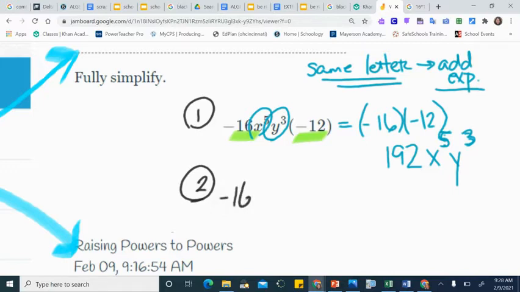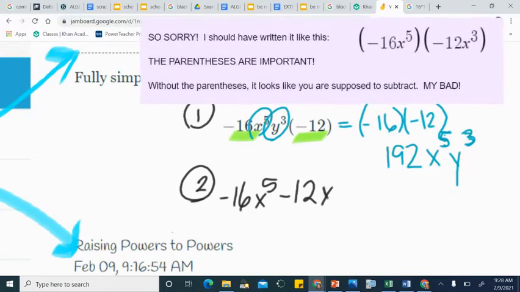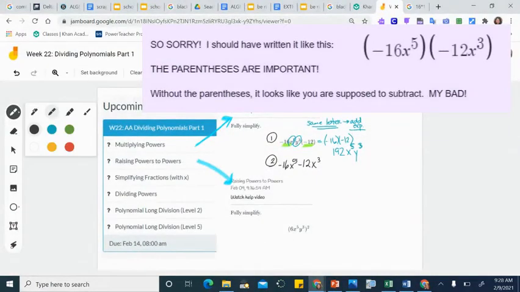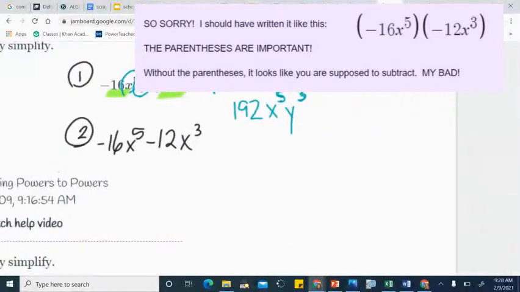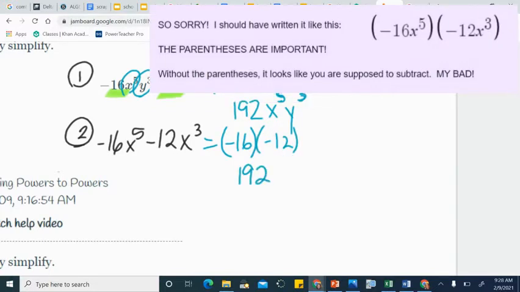If we had negative 16 x to the fifth times, I don't know, negative 12 x to the third. Now, the negative 16 and negative 12 is still the same, right? So we still have negative 16 times negative 12, which is still positive 192.